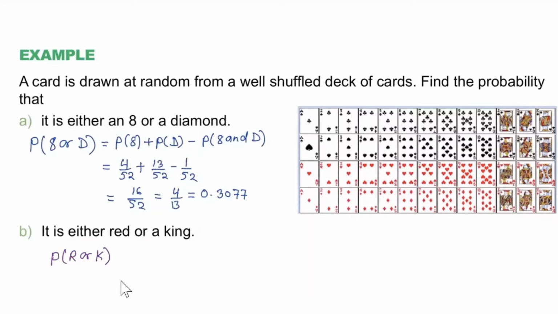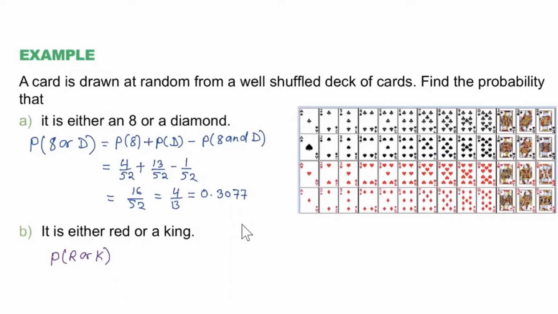So the way you check is, when you pull a card from here, and if it is a red card, do you think that it can be a king? You pull a red card. In your hand, you have a red card. Do you think that your red card can be a king? Yes or no? Yes.